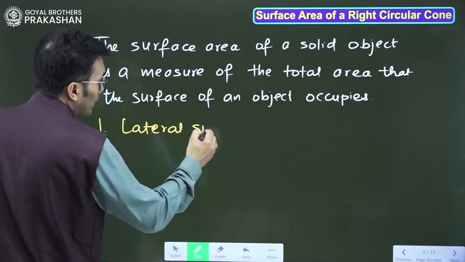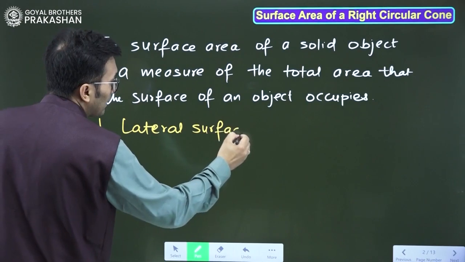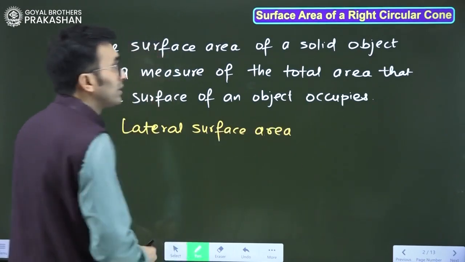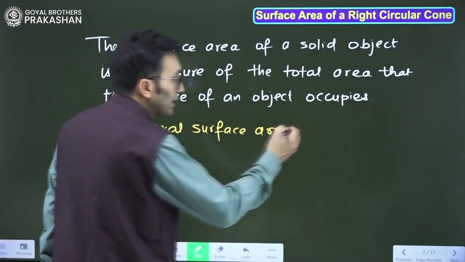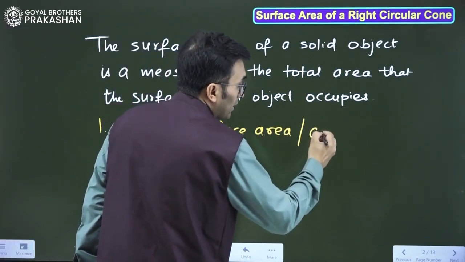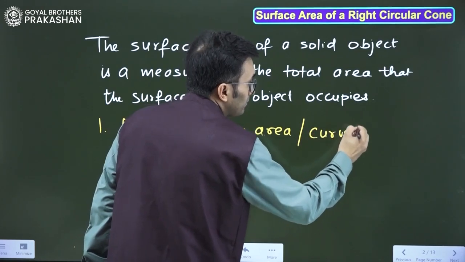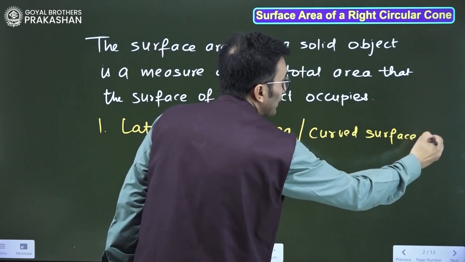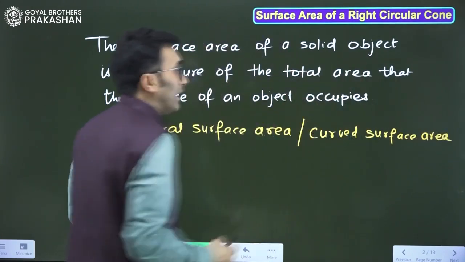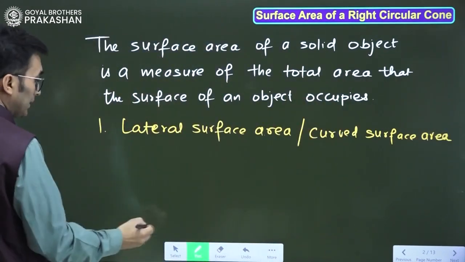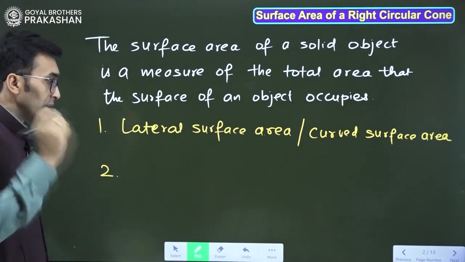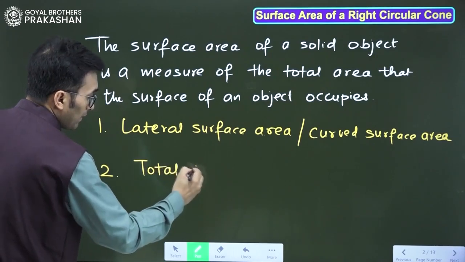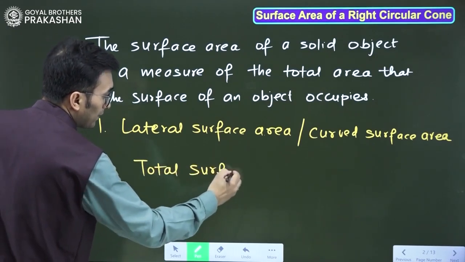Lateral surface area, we say, or we say it a curved surface area. The second we can say here, the total surface area.